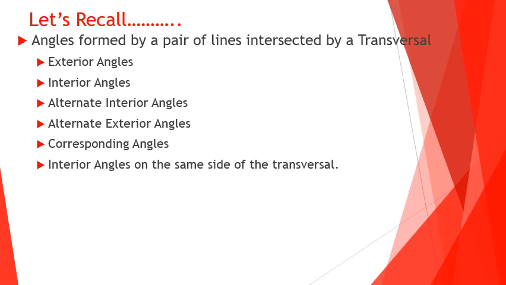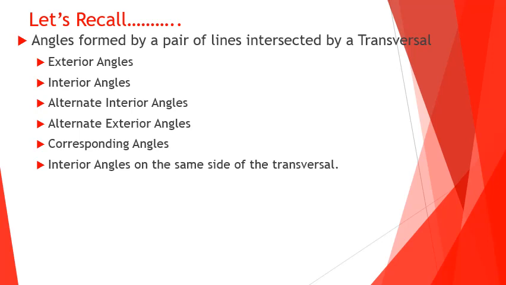And the next pair of angles is alternate interior angles. Alternate interior angles are interior angles which lie on opposite sides of the transversal in the alternate position. Be careful, not in the adjacent position.